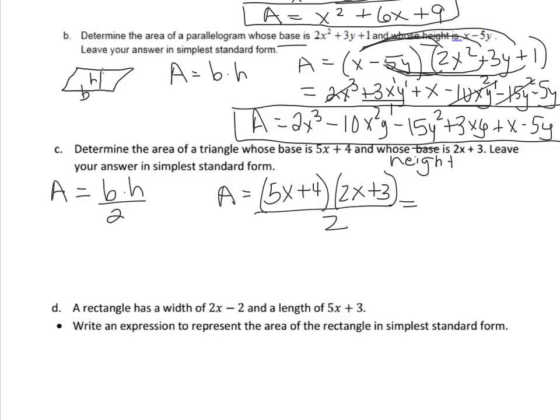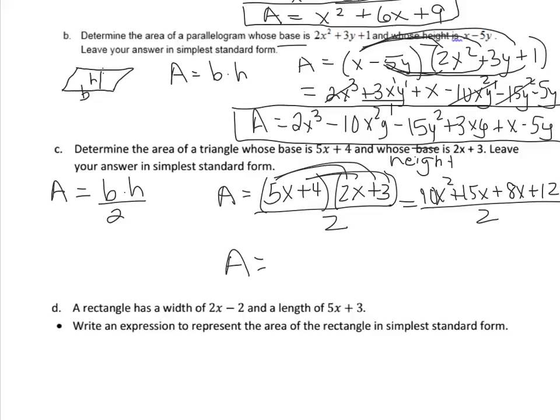When you distribute up here, 5x times 2x gives you 10x squared. 5x times 3 gives you 15x. 4 times 2x gives you 8x. And 4 times 3 gives you 12. All divided by 2.